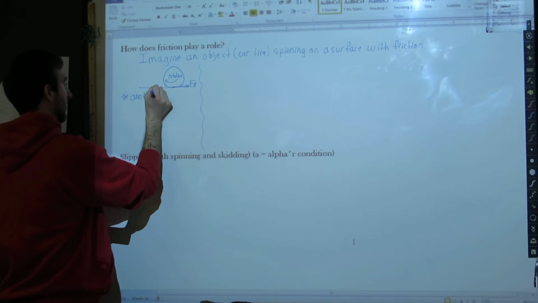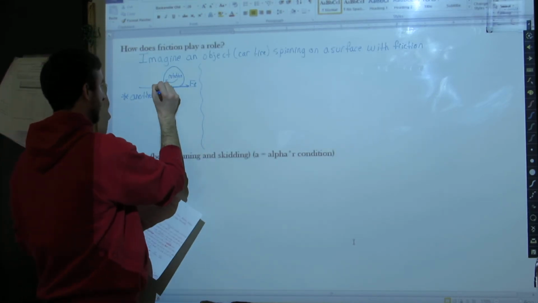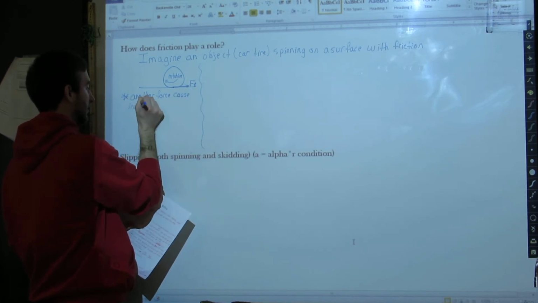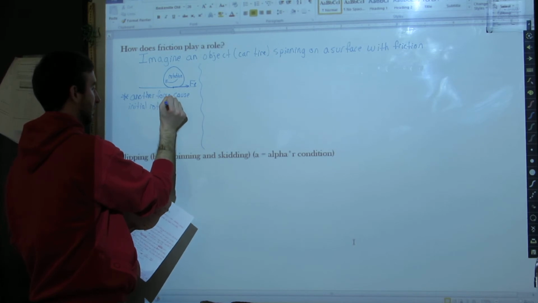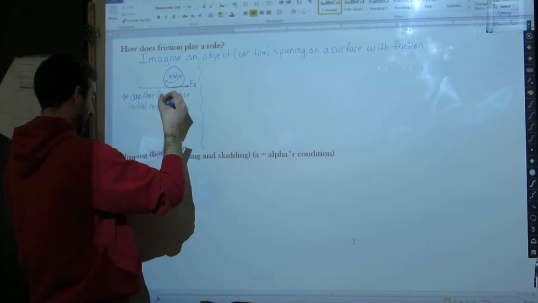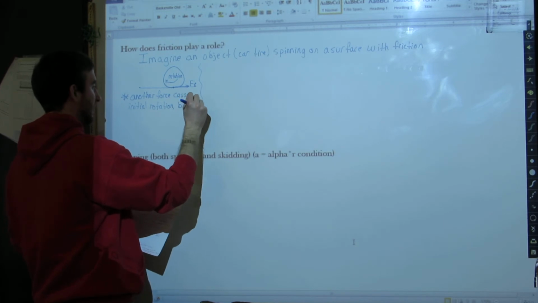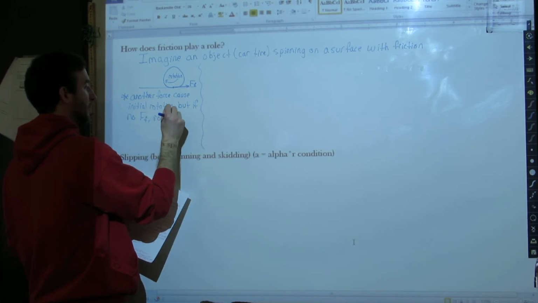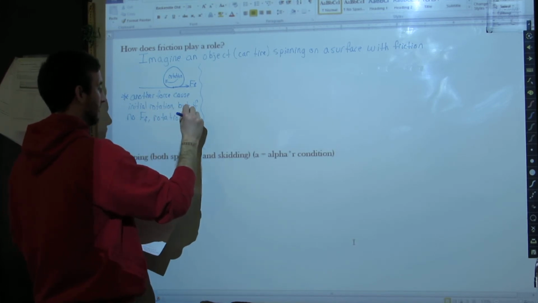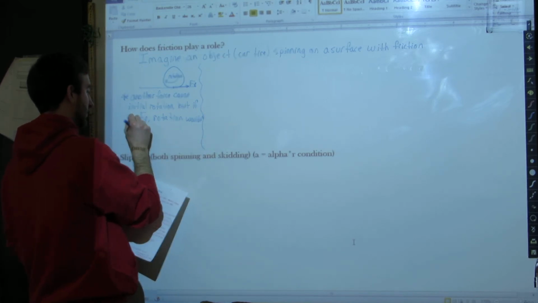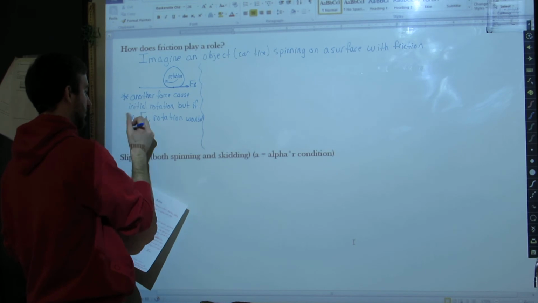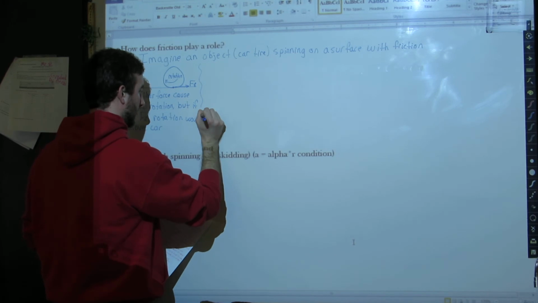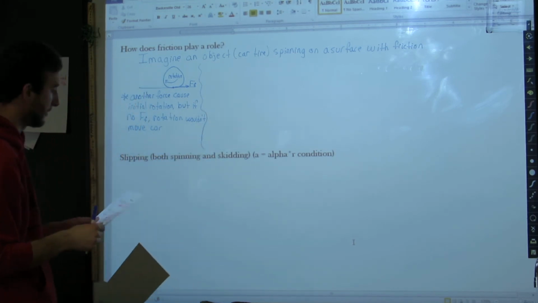Note the torque from the motor, another force will cause the initial rotation here. But if there was no friction, then this rotation would not end up moving the car.